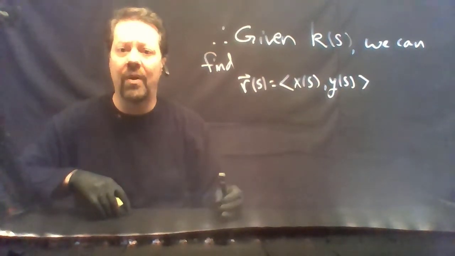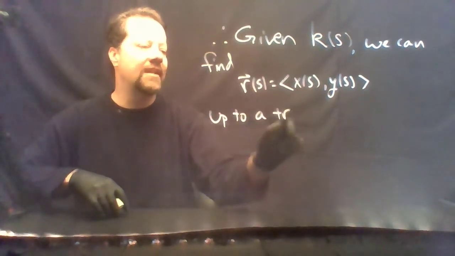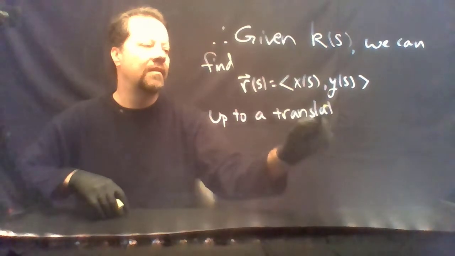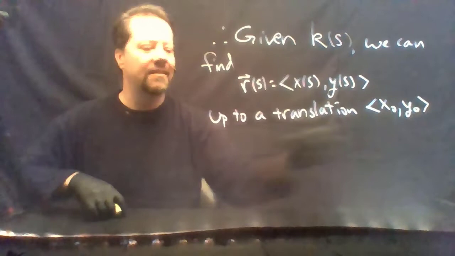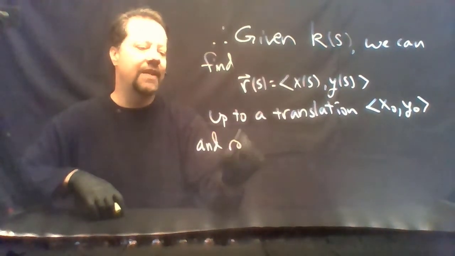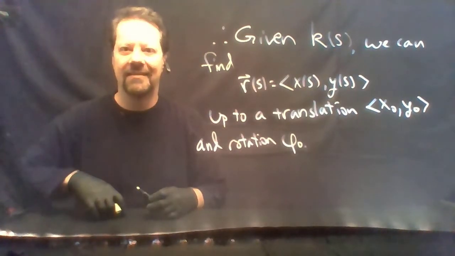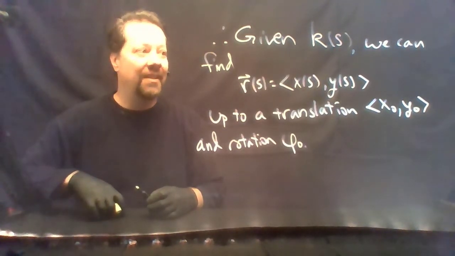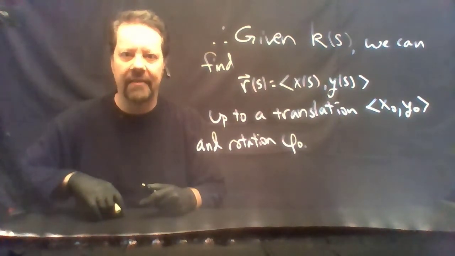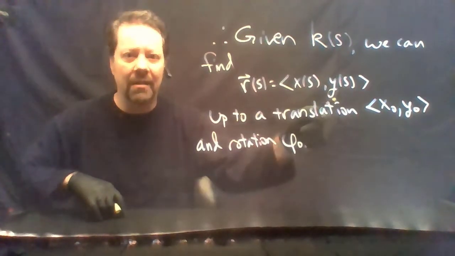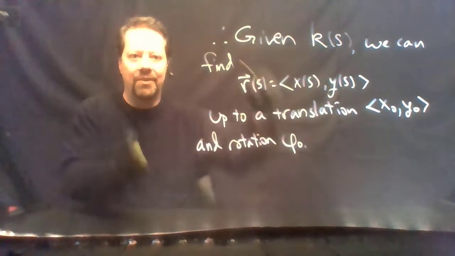We can reconstruct the whole curve up to a translation x naught, y naught, and rotation through some angle phi naught. In other words, if you only know the curvature, one scalar valued function of arc length, you can reconstruct the whole curve up to a rigid motion, translation, and a rotation.